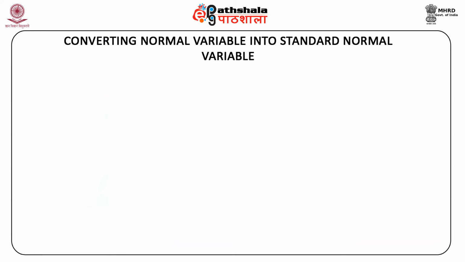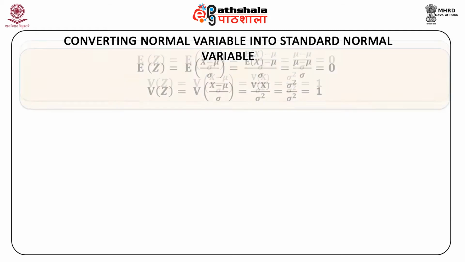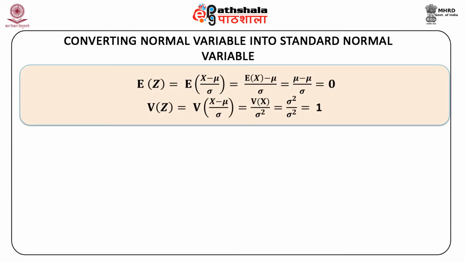The distribution of any normal random variable with mean 0 and variance 1 is called a standard normal variable. The normal random variable x is converted into z using the following conversion formula. Z is equal to x minus mu divided by sigma, where mu is equal to expected value of x and sigma is standard deviation of x.